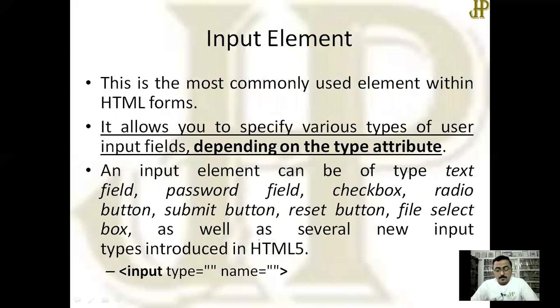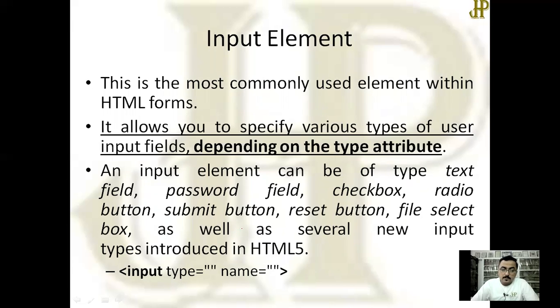Now, the next, the most important one is the input element. Why? Because with the input element, you can create various things like password field, radio button, submit button, reset button, and many more by supplying the value in the attribute known as type.